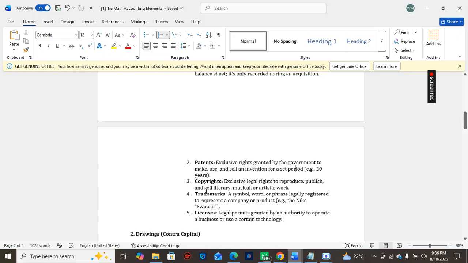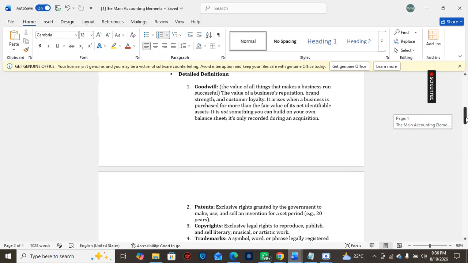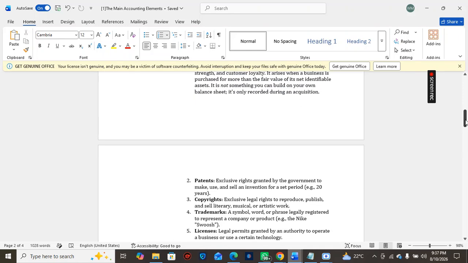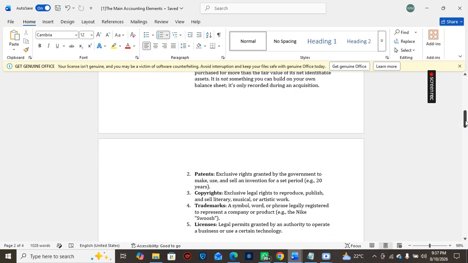Then also trademarks: a symbol, word, or phrase legally registered to represent a company. And also certain licenses: legal permits granted by an authority to operate a business or use certain technology. These are the intangible non-current assets.